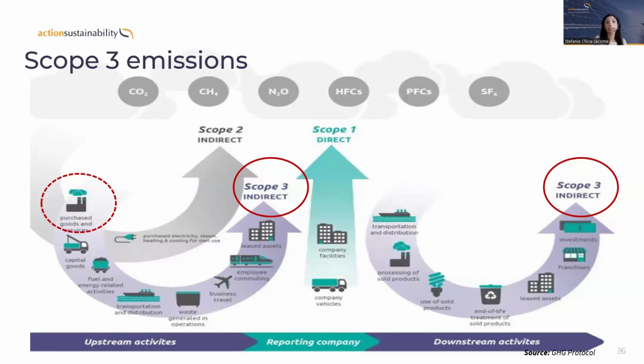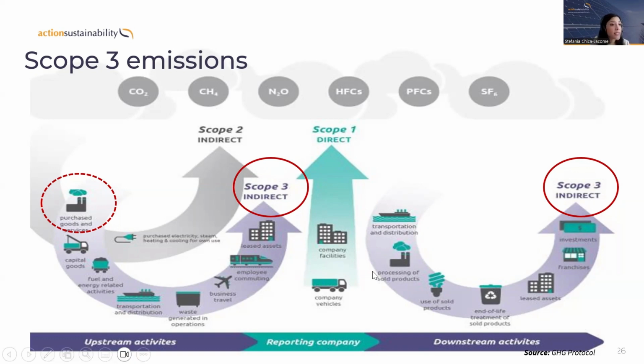For example, if you're renting office space. Now, on the downstream category, downstream transportation and distribution are emissions from transporting products after leaving the company. For example, shipping your products to the end customer. Okay, that would fall under that category.